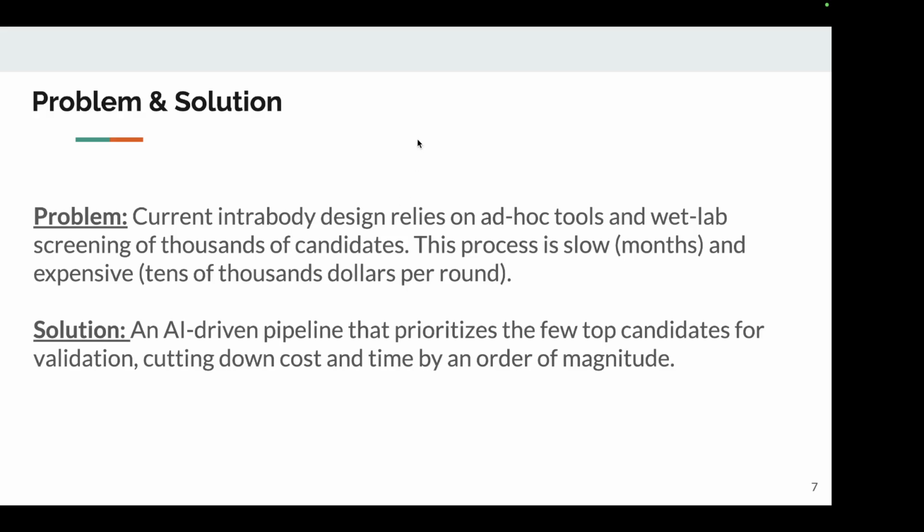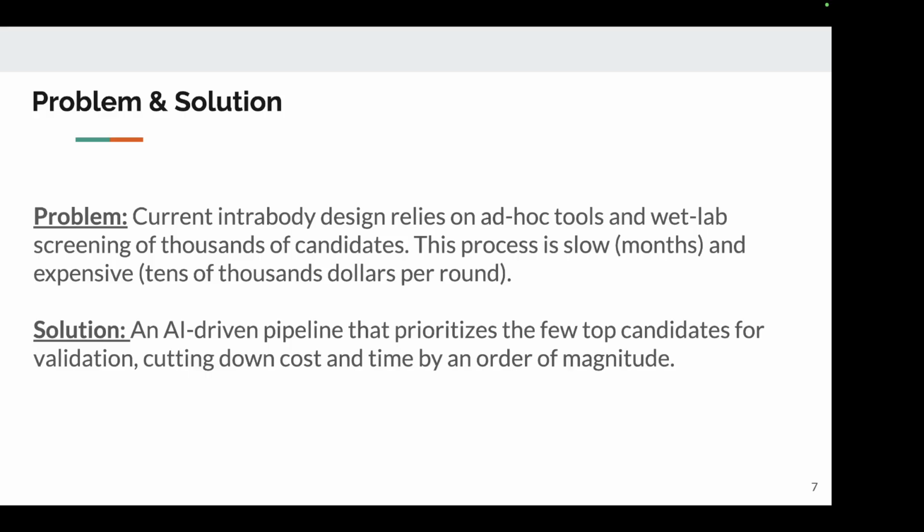So the problem is that current intrabody design relies on using some ad hoc computational tools and wet lab screening of thousands of candidates. And this process is very slow. It takes months to screen those candidates, and it's expensive. You spend tens of thousands of dollars per one round, and you usually need several rounds of generating and selecting intrabodies.